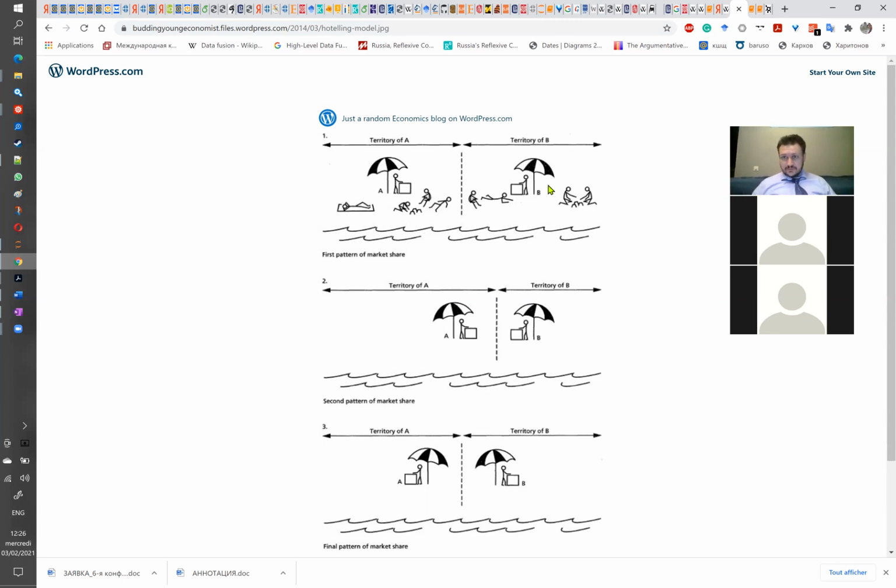So it's okay. It's a very interesting thing. But there is a game because it can be not symmetric.